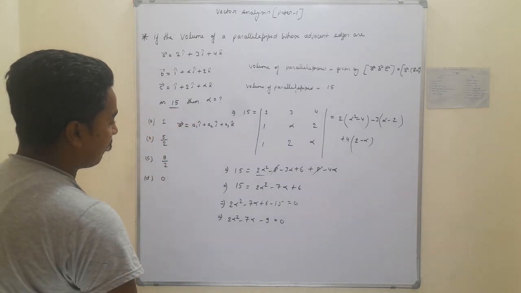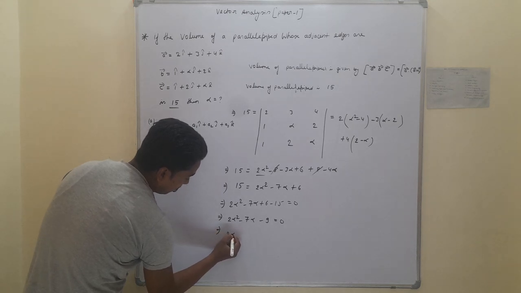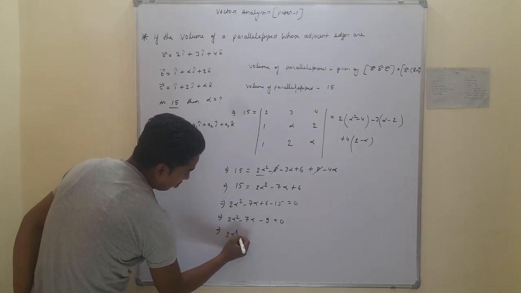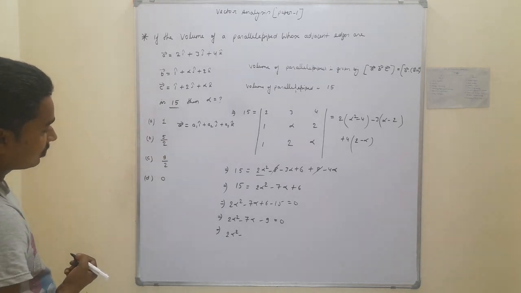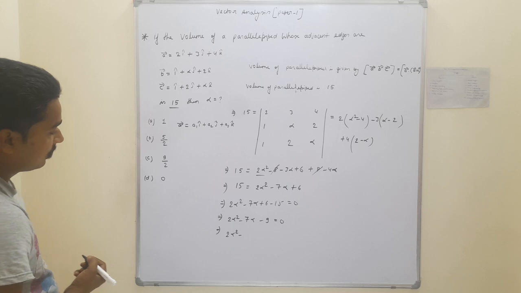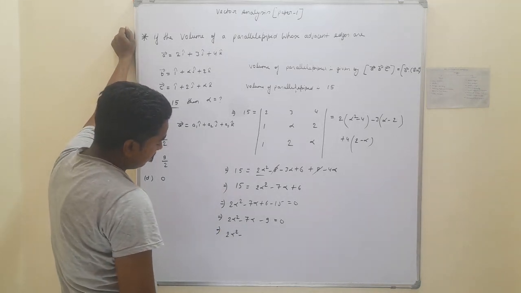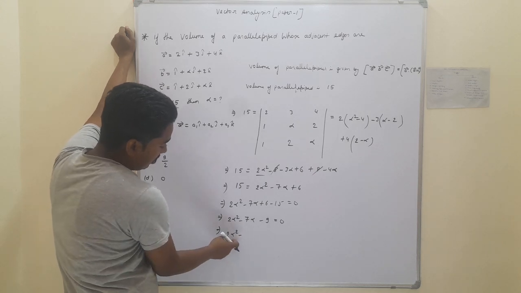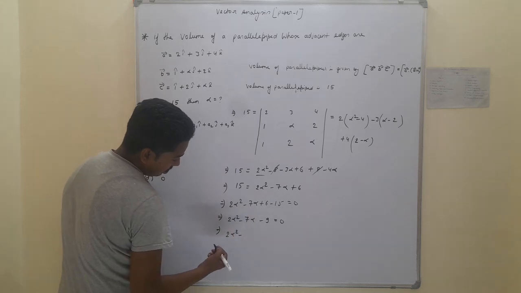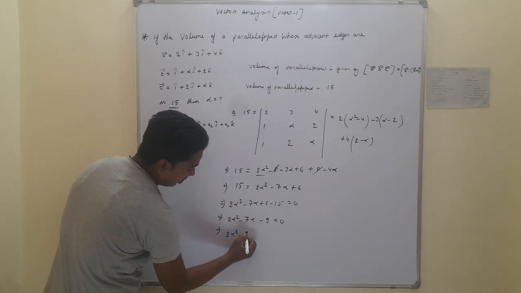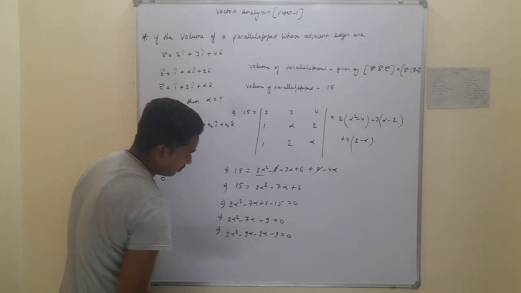We have to factorize: 2 alpha square minus 7 alpha minus 9. The product of 2 and 9 is 18, so we split the middle term: 2 alpha square minus 9 alpha plus 2 alpha minus 9 is equal to 0.